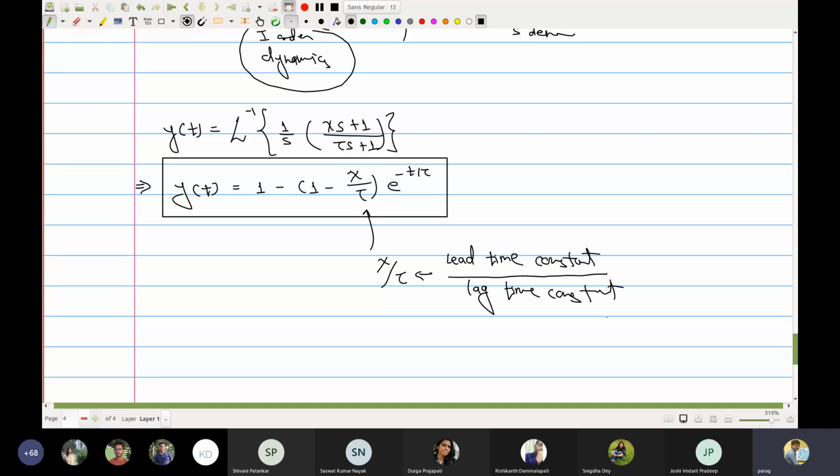A high magnitude of the lag time constant makes the response sluggish, whereas the lead time constant makes it enthusiastic and makes the response faster. So what's going to happen is that you will have a compromise of these constants, and depending upon whether the lag is larger or the lead is larger, you will get a particular behavior. So let's try to see this effect.